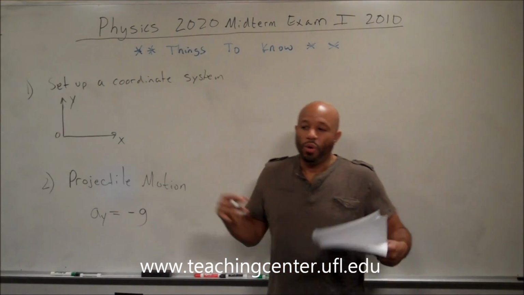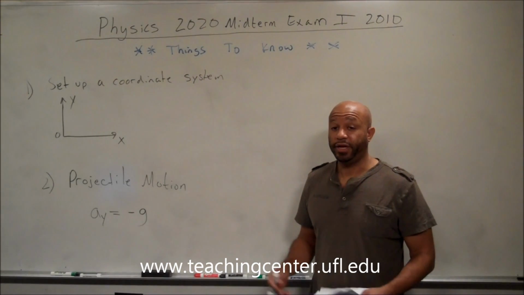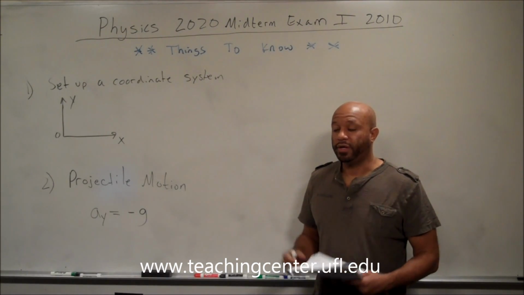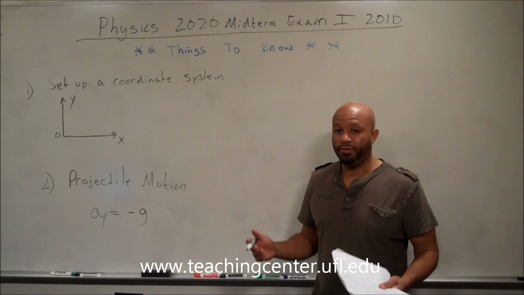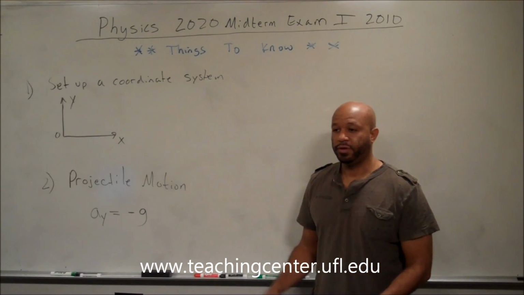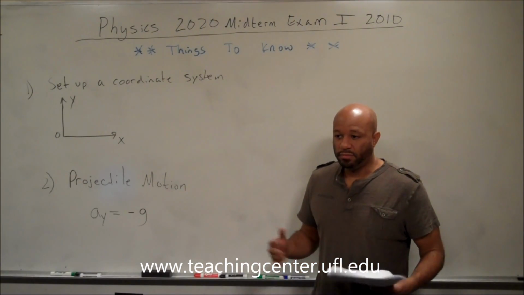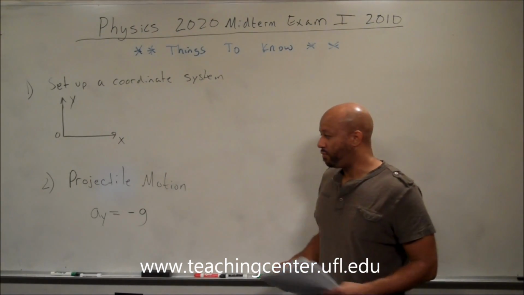All right. What that really means is that gravity, g, is an acceleration. Acceleration is a vector, so it has magnitude and direction. And so what does the minus and plus sign actually mean for gravity?